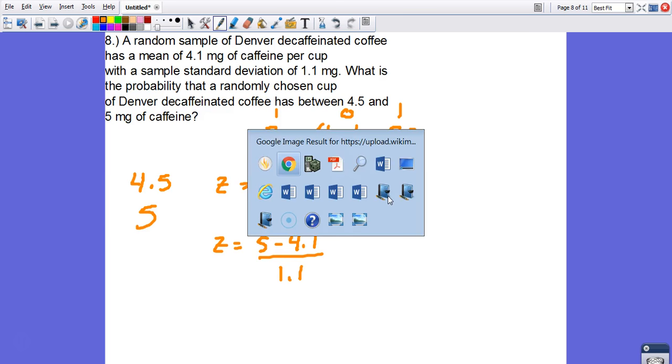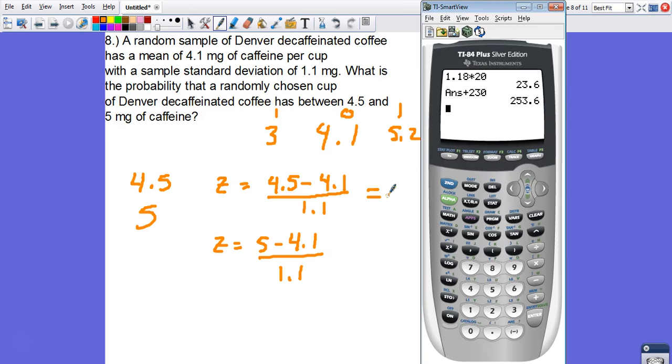I'm going to have to get the calculator here. So 4.5 minus 4.1 divided by 1.1. Okay, 0.3636, so why don't we just call it 0.36 approximately here.